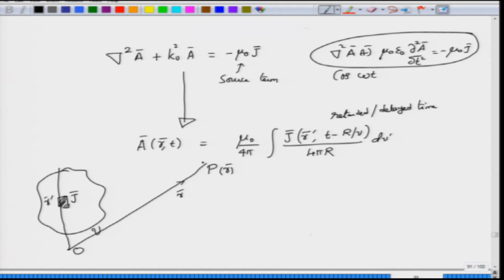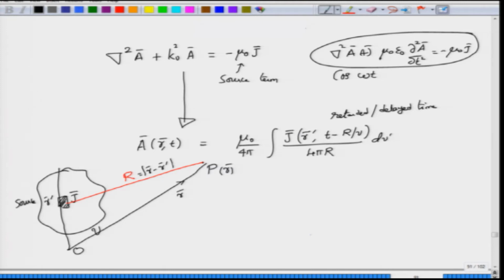Okay. So, at this point I consider this to be a prime, meaning that I am actually considering the source point here, and what I need to know is how this source would affect the field, or what would be the effect of this source on the field at the point P. Okay. How do we know that? That is by this equation, and the missing ingredient in that equation is this capital R, which of course in terms of the vector will be given by r minus r prime.